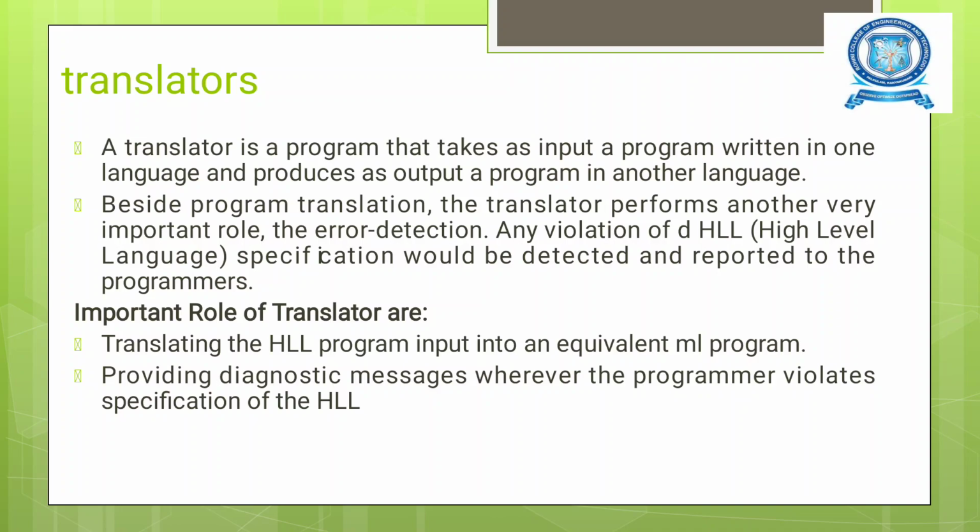Actually there are three types of languages: high level language, low level language and intermediate language. A translator converts the high level language into low level language. So the compiler is also called a translator because it translates one language into another language, basically high level language into low level language. The low level language is an object code.